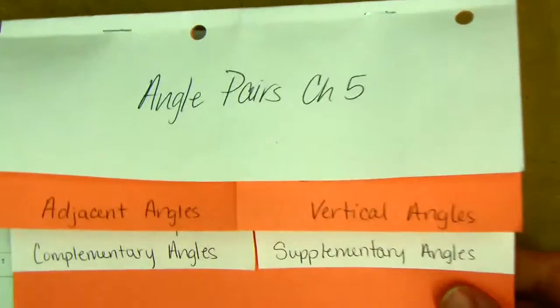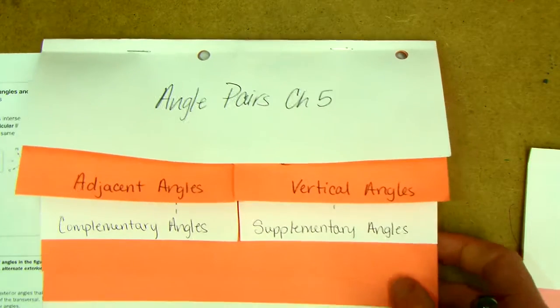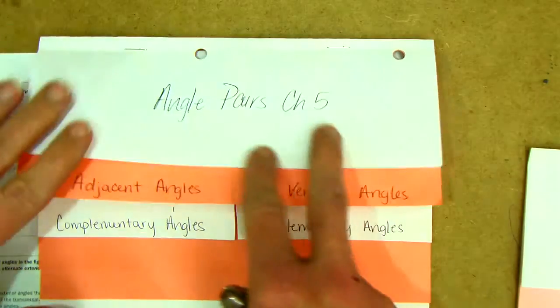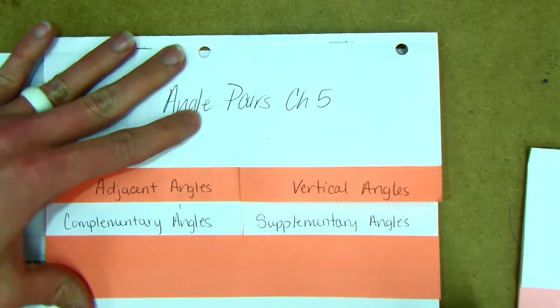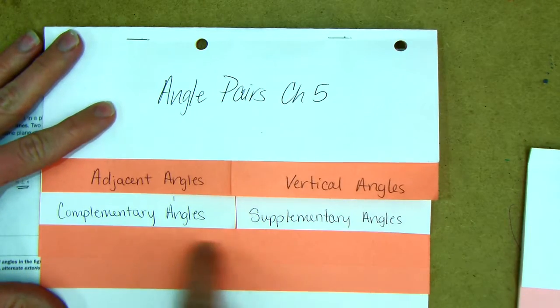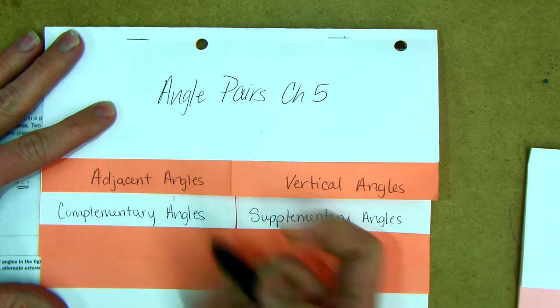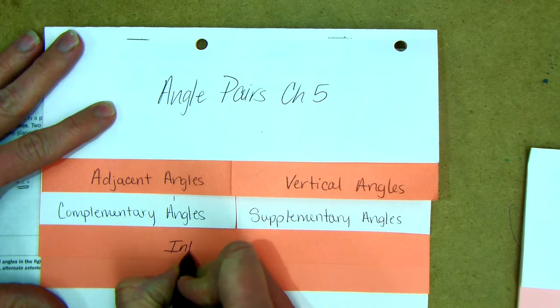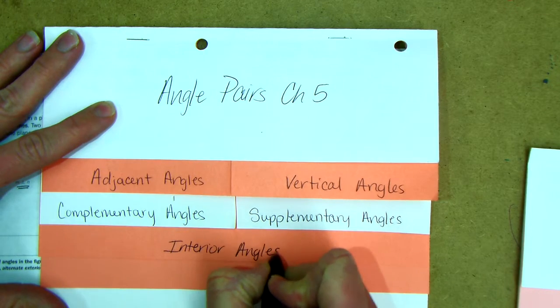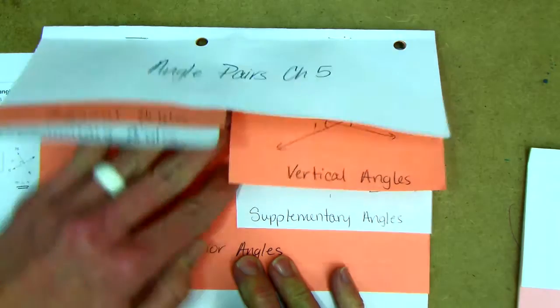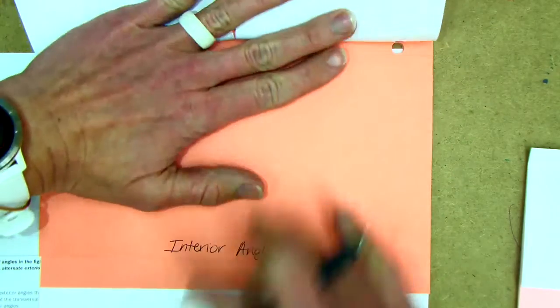Take out your angle pairs. Interior angles aren't necessarily angle pairs, but there's a reason we're putting them on here. So interior angles, we're going to put in our 3rd tab right here. Then you can go ahead and fold those up so you're ready to write in them.